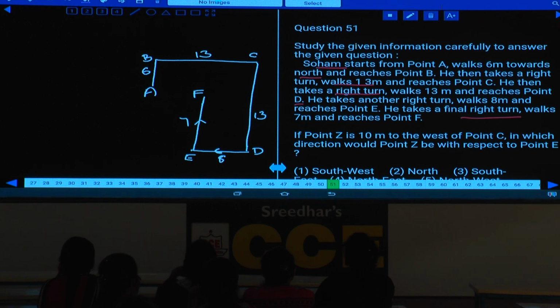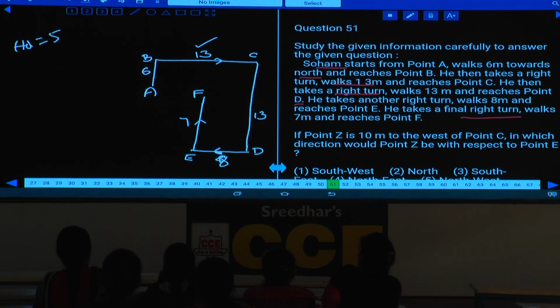Done with this? Now if you observe here, the horizontal distance: this 13 is towards east and this 8 is towards west, and these two are opposite directions. The horizontal distance left over is only 5 meters.